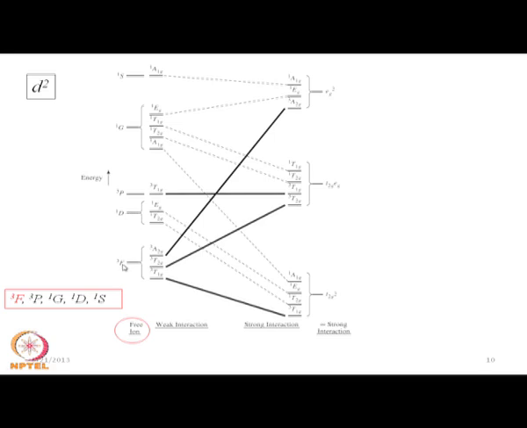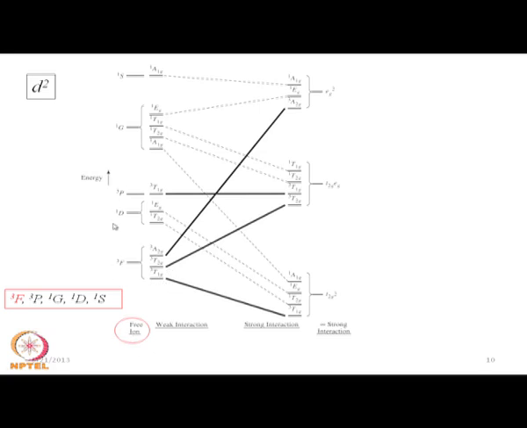So, F is the ground state, then D, then P, then G and S. And we all know that F can undergo splitting in terms of its irreducible representation in OH crystal field or OH symmetry, the group theoretical symbol or notation. We can get the corresponding irreducible representations of this particular 3F in terms of 3A2G, 3T2G and 3T1G.